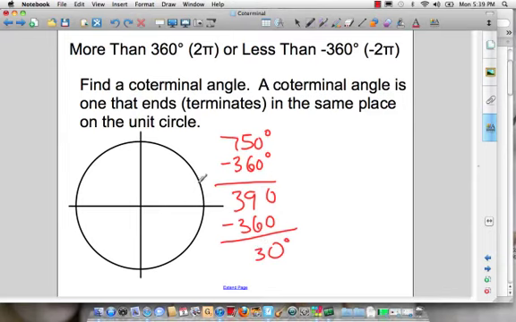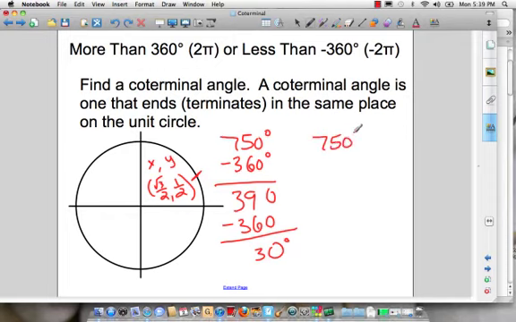So essentially for this one, you're going to consider the coordinates for 30 degrees, root 3 over 2, comma 1/2. So you'll use those x and y values to find the sine, cosine, and tangent of 750 degrees.